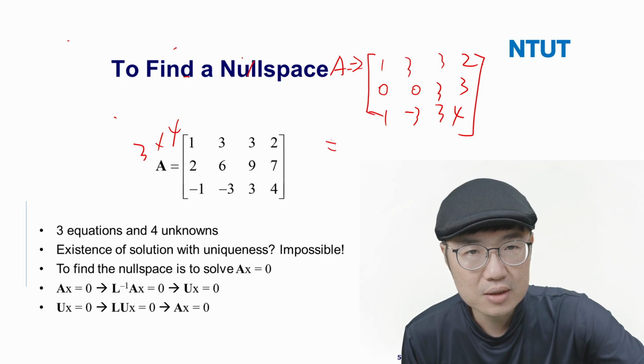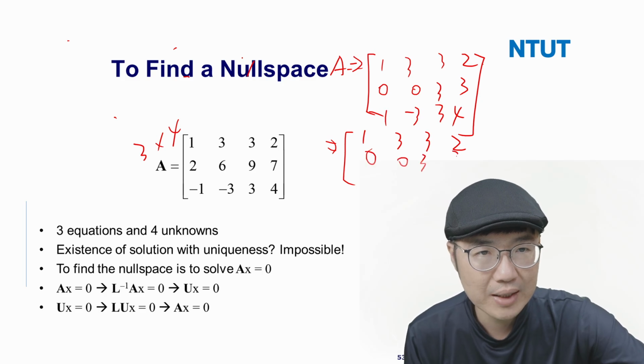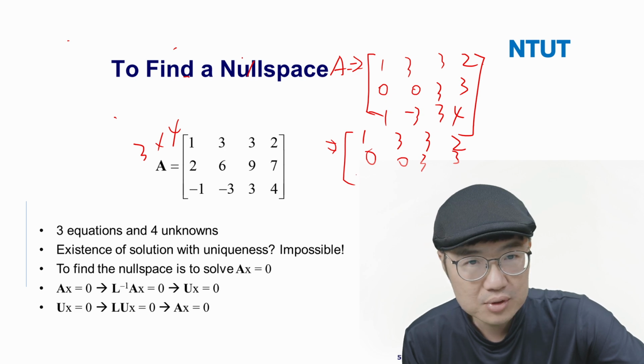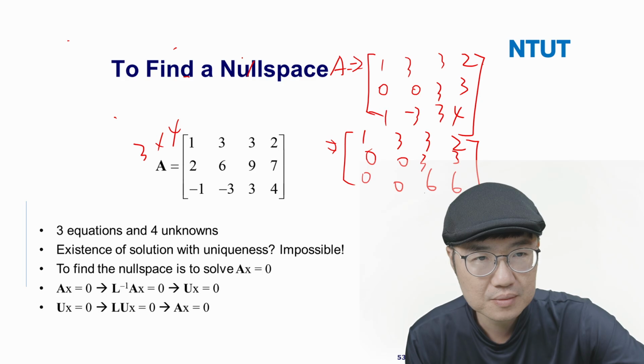So clearly, the next step is to use the first row one more time and multiply this by 1 and add it to the third, which produces 0, 0, 6, 6.